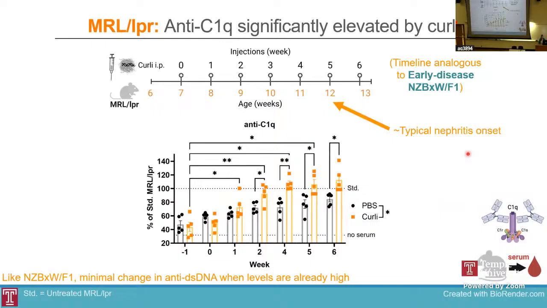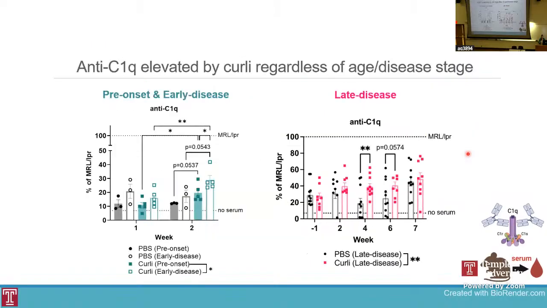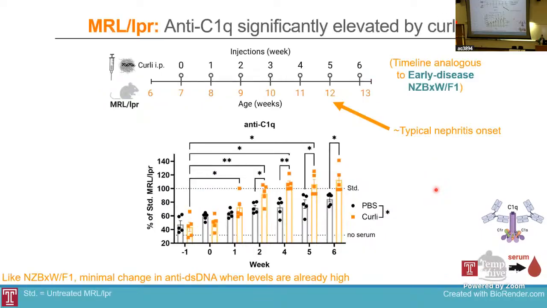And so because of that huge variability that we're seeing in these NZBW mice, because of how they can be a little bit different in when their onset is, since it's so late, MRL-LPR mice are a different lupus model, and these have a very compressed timeline. They start getting disease around 12 weeks old, and it's very rapid, very severe disease in this model.